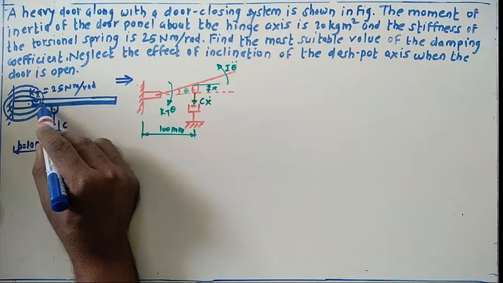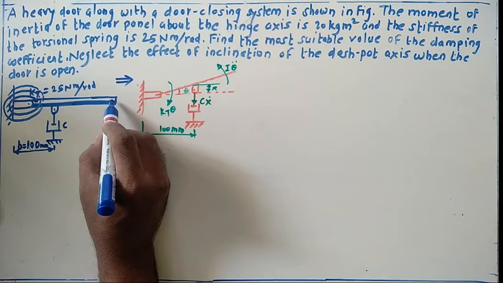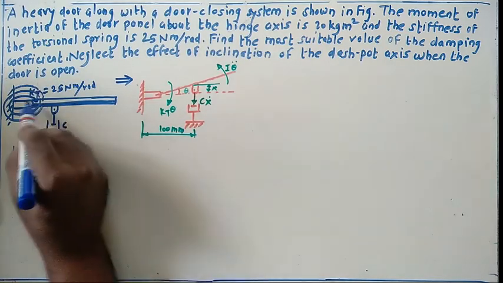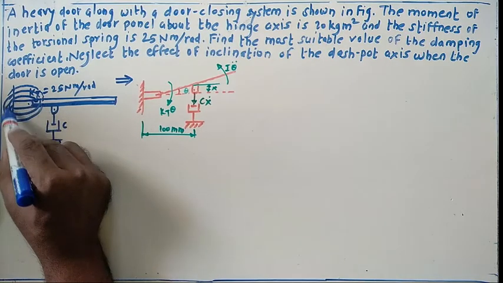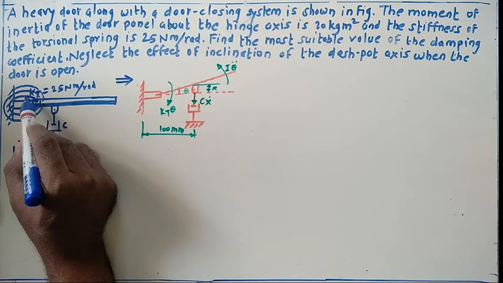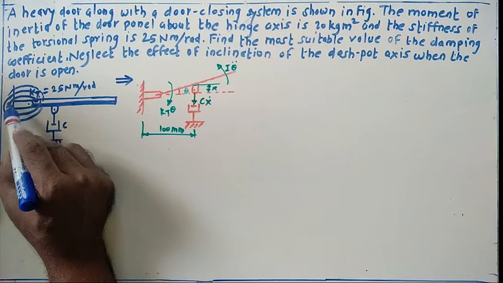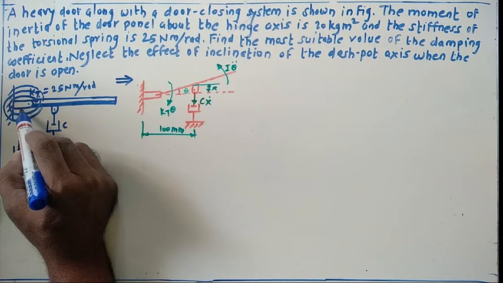When we release this door, the tendency of this door is to regain its original position, because the energy stored in the spring, the compression of the spring, is now converted into expansion.